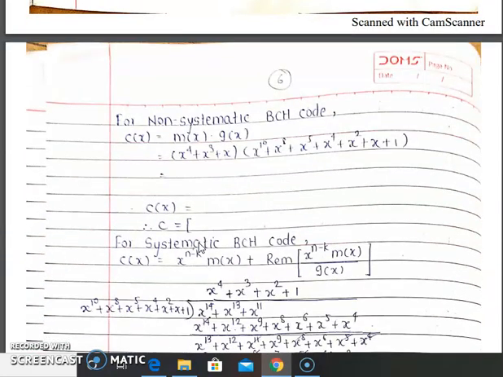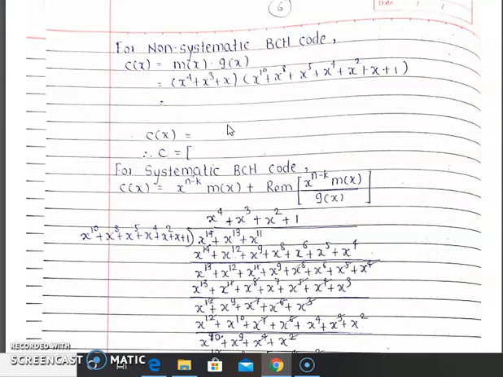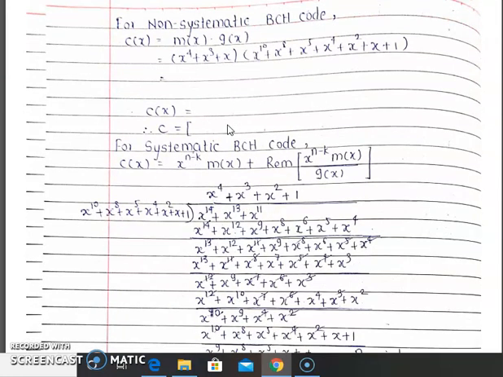Now we have two procedures for finding the BCH code: non-systematic and systematic. But non-systematic BCH code is a little lengthy and not really in use, because we can't separate the message bits and the parity bits in a non-systematic code word.